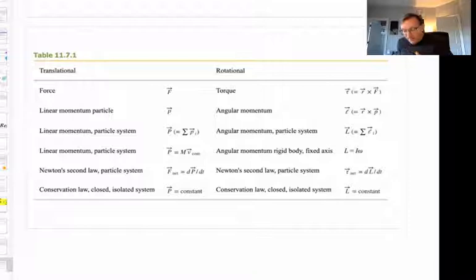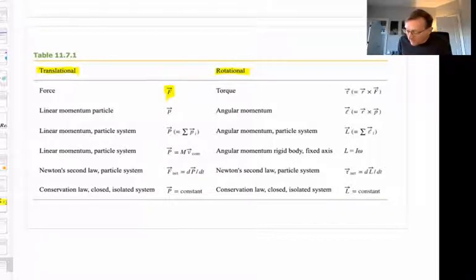All right, so in this table, the first column are some of the important expressions we've studied so far for translational motion, motion along a line. And then for each one, I will have the rotational analog. Of course, force is an important quantity when you're studying translational motion, F arrow.